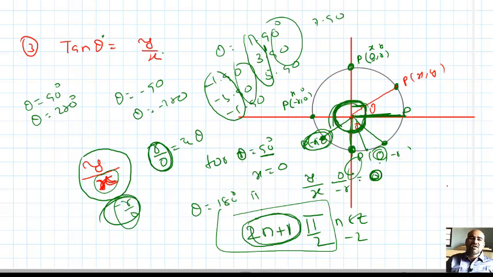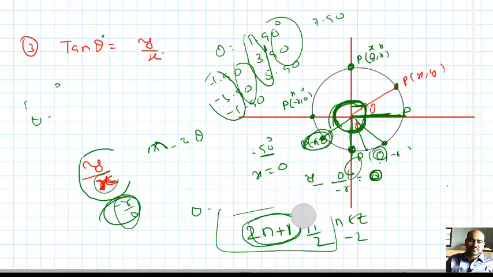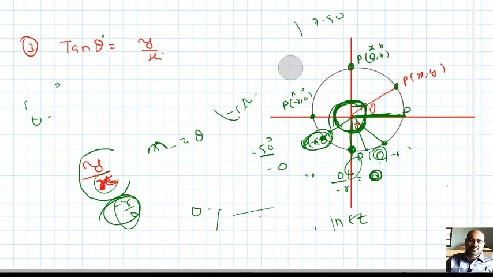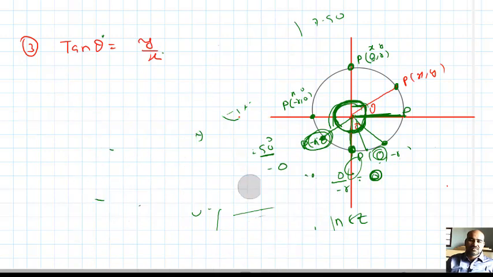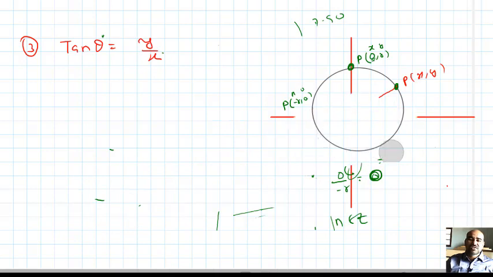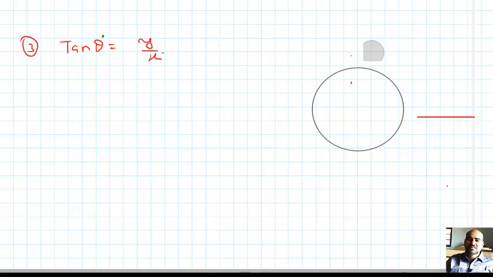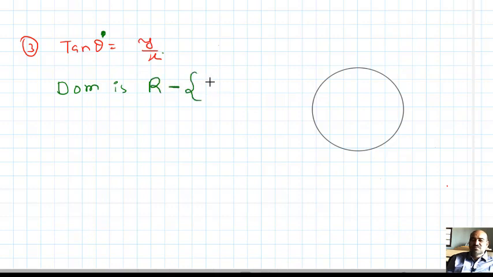That is why now I want to conclude the domain of the tan function. Domain. Instead of theta, all real numbers I can take, except some angles I need to remove.